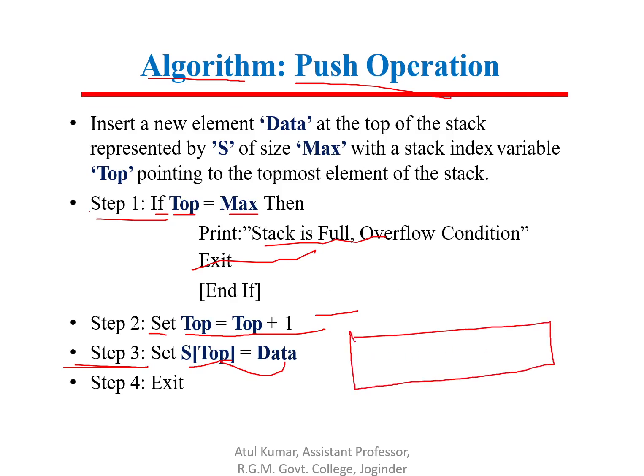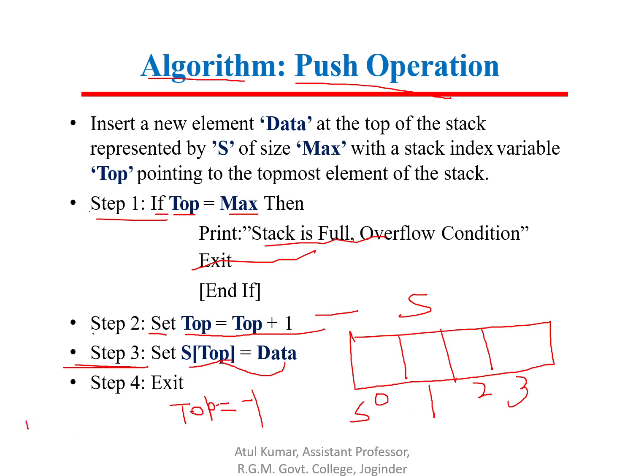Suppose we have an array or a stack having 4 elements. Firstly, the stack is empty, so the value of top is minus 1. Suppose the name of the stack is S. We all know the index of an array starts from 0, so this one is 0, then 1, 2 and 3. Now we want to push the first element in the stack.